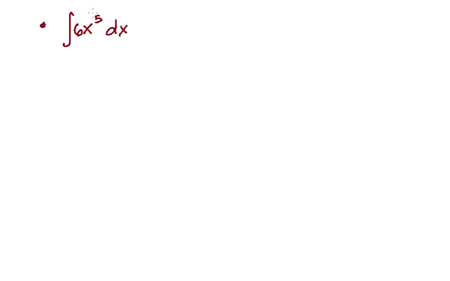According to the power rule, once again, we have 6 times x to the 5 plus 1, which is 6, all over 6 plus c. Can cancel that out, so simply our final answer is x to the 6 plus c.